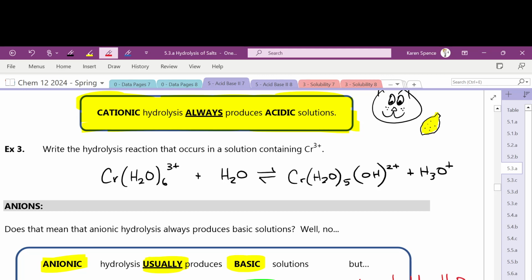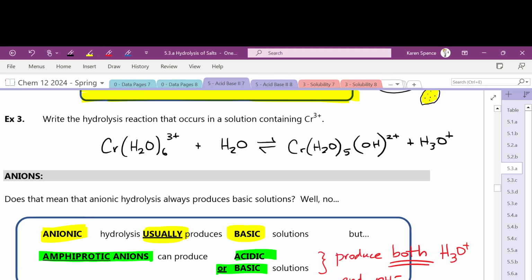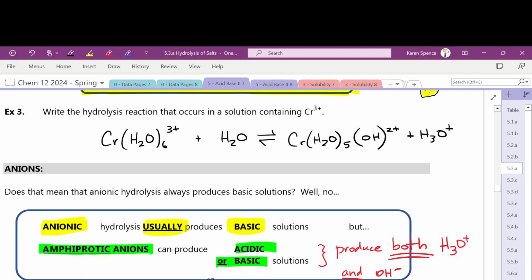H3O plus and OH minus. And it just depends on which one they do more. The pH depends on which reaction happens more.